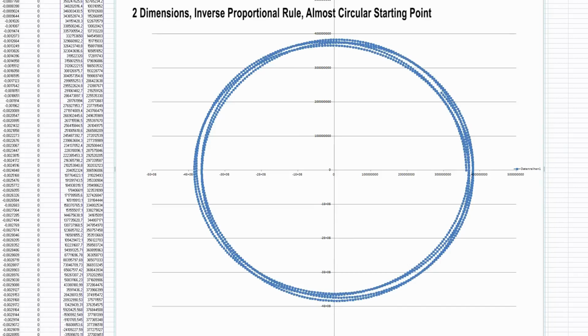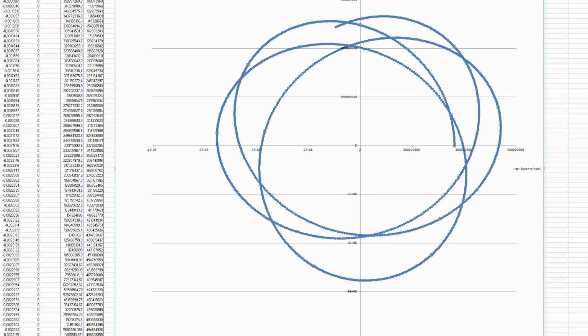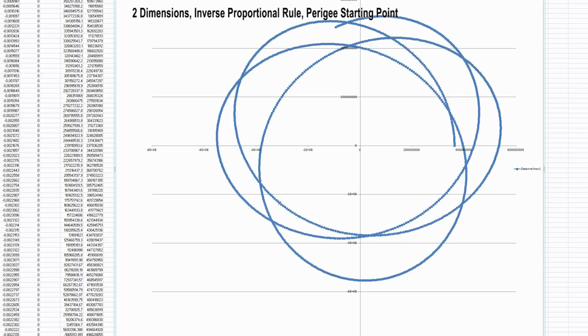Now, as you may have noticed in the images I've shown before or now, you can see that the two-dimensional model has this little circulation in argument of periapsis, but otherwise it's kind of stable.